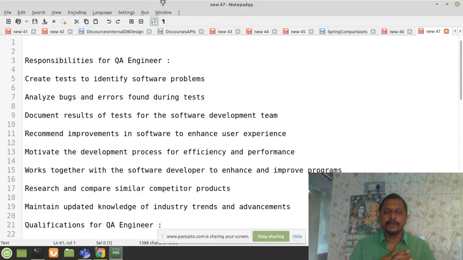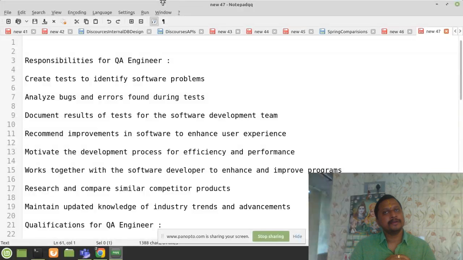And also the QA engineer needs to analyze the bugs and errors found during his test. That means if he is testing any application or software, he needs to have the analyzing capability about the bug or errors, and he needs to identify that error or bug.